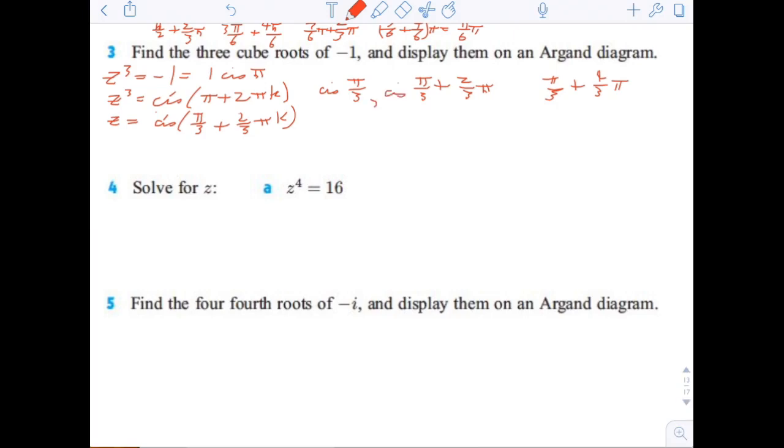And then cis pi over 3 plus 2/3 pi is one of the roots. So that would simplify to cis pi. And last of all, cis pi over 3 plus 4/3 pi is the same as cis 5/3 pi.